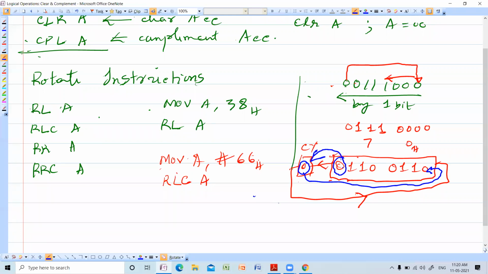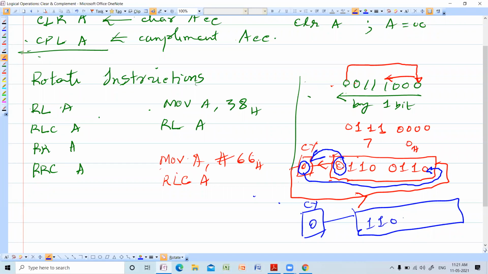So after rotating left, the carry flag will be 0 and you are going to get 1100 1100. Actually, this last bit is nothing but the old CY.